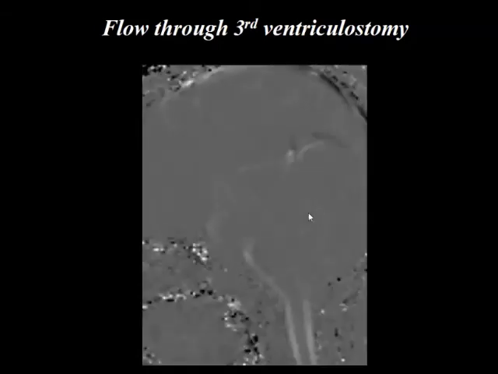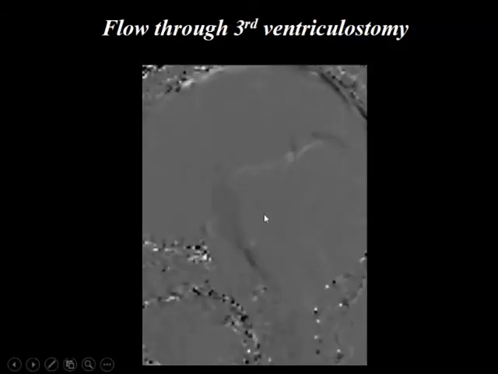Now let's see this. If you carefully see this area here where I'm pointing out, that is the flow of CSF through third ventriculostomy. So you can assess the flow through third ventriculostomy. So you also know whether the third ventriculostomy is working or not.